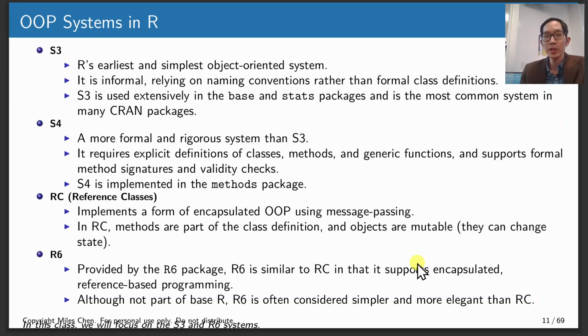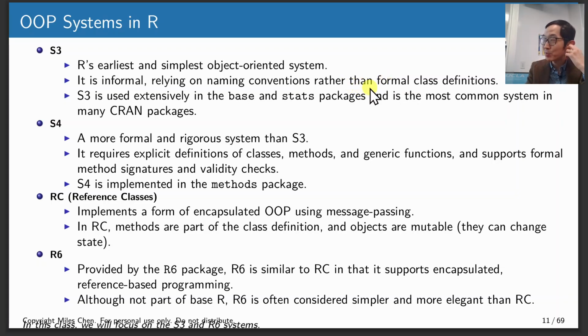S3 is the simplest but also most widely used system in R. Basically everything in base and stats uses S3. One of the drawbacks of S3 is that it relies on naming conventions. It's just hoping everybody follows the rules and conventions, and that's how it works.